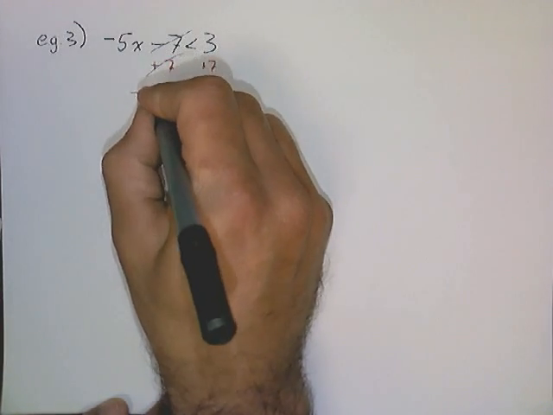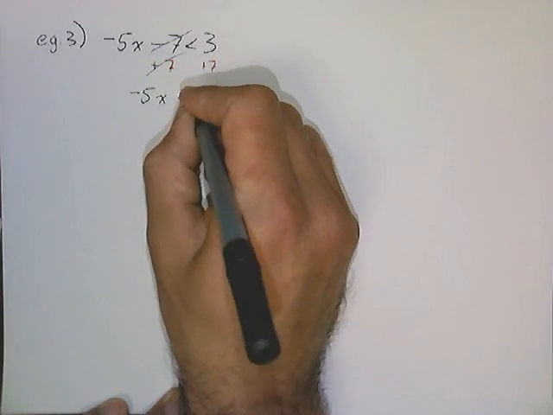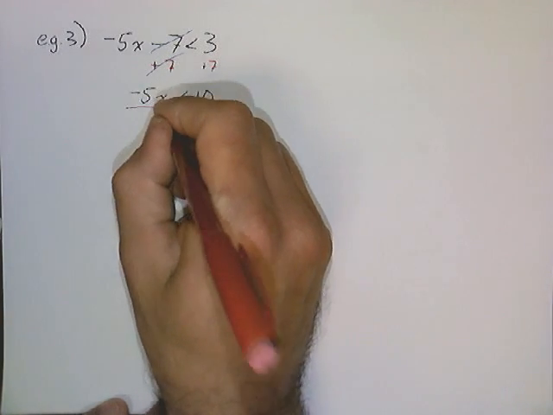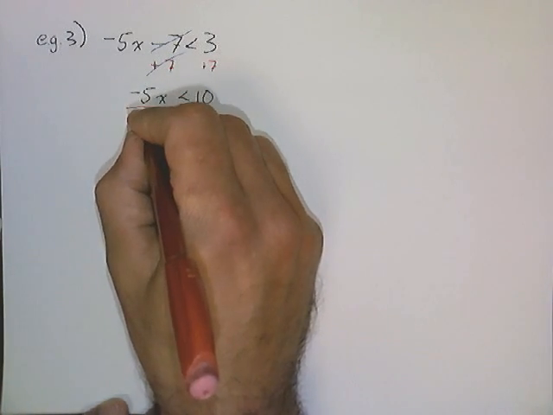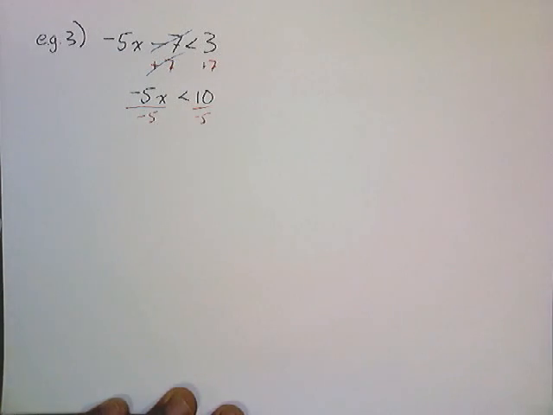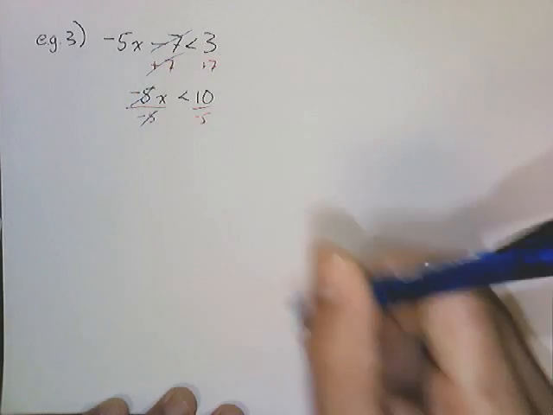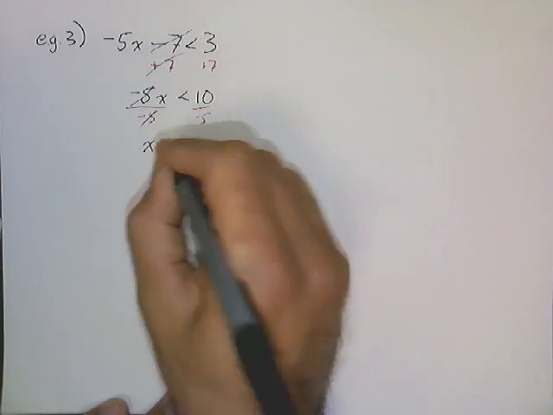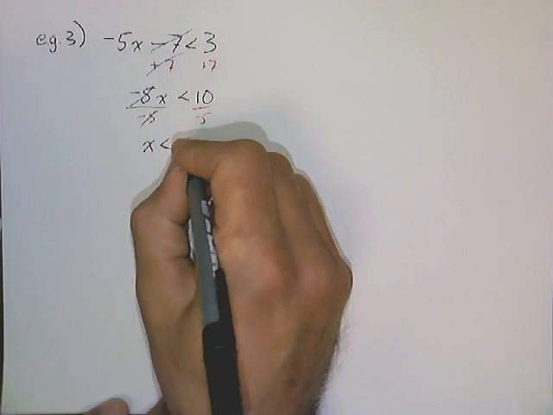So we have negative 5x is less than 10. Then we'll undo the multiplication by negative 5 by dividing by negative 5. And now we have x is less than 10 divided by negative 5, which is negative 2.